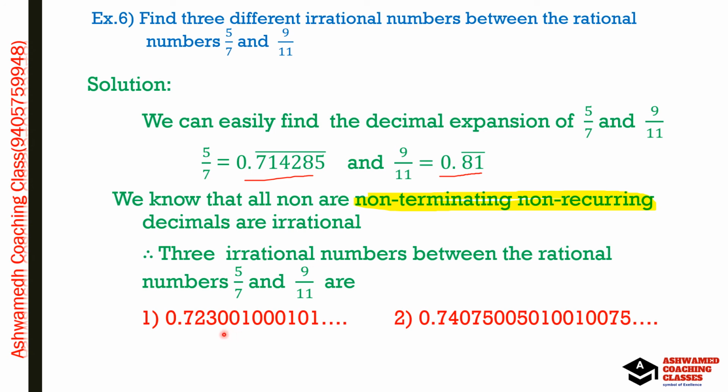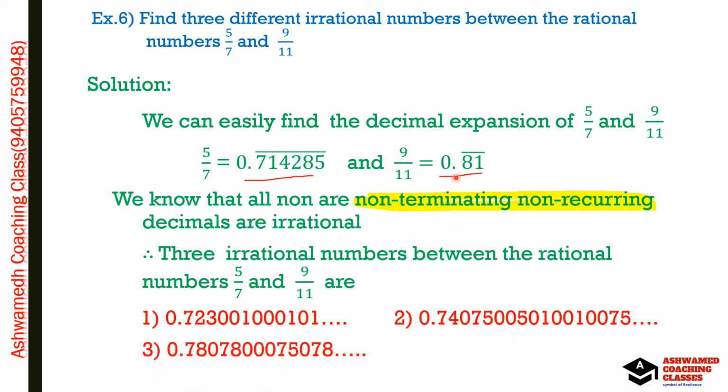For example, I have taken 3001001001 like this, and 7407500501001000. You can take any digits after 74. And the third is 0.78.